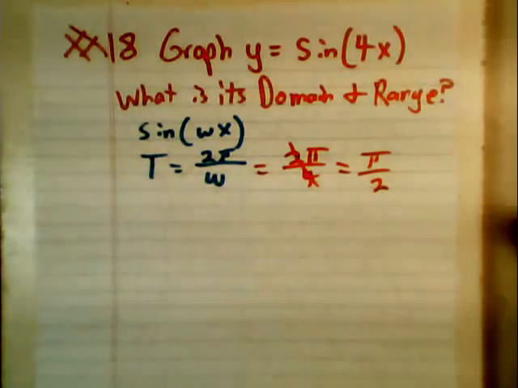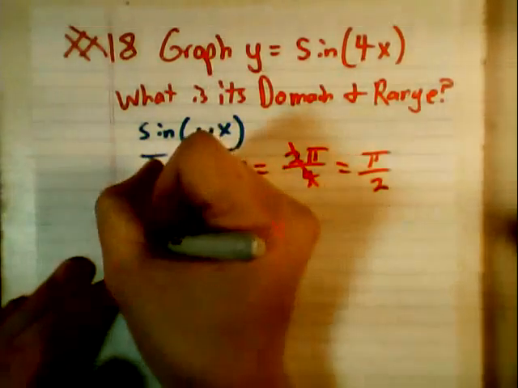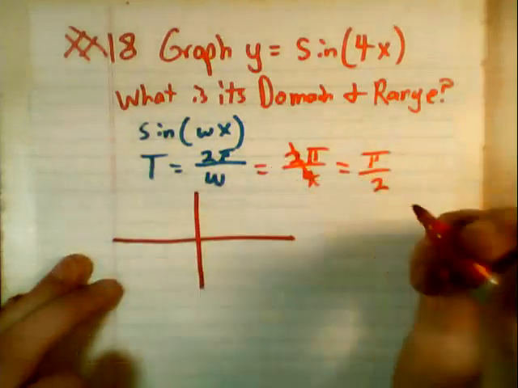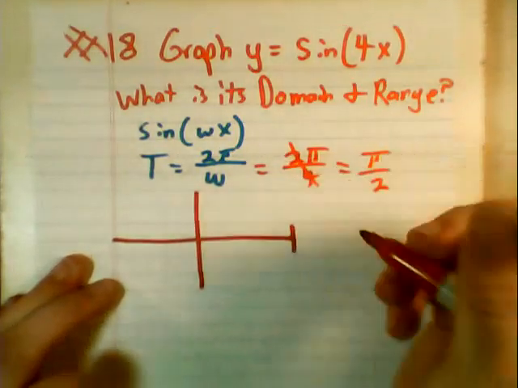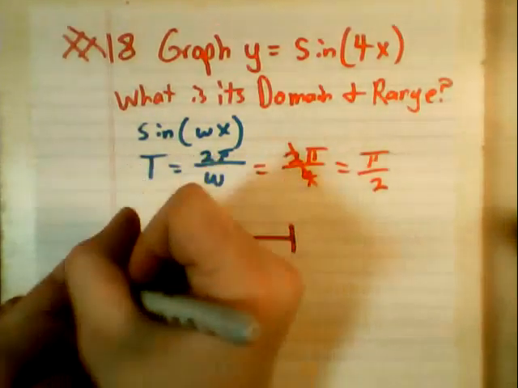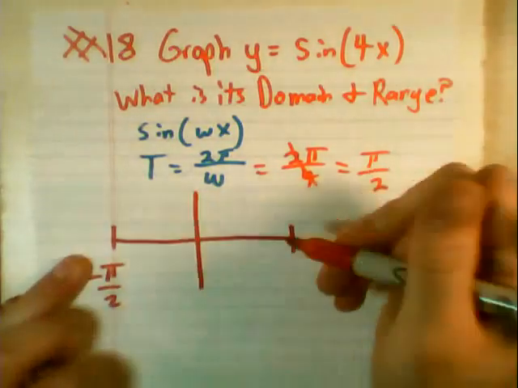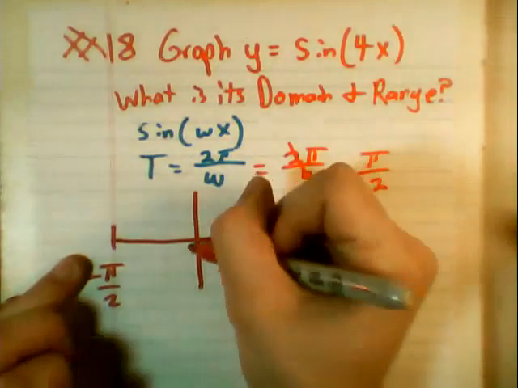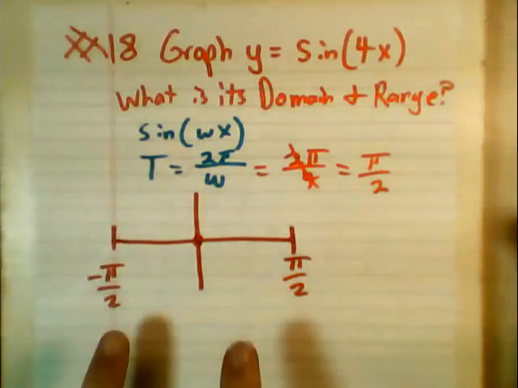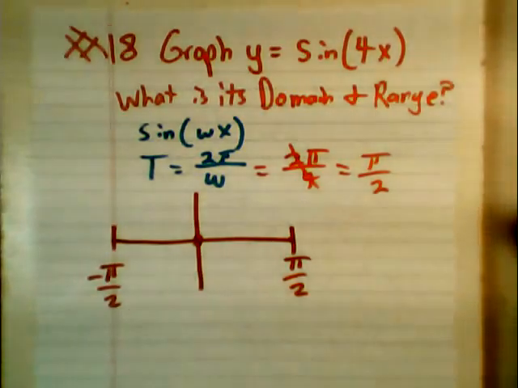Okay, so knowing that, I can draw my graph going from negative pi over 2 to pi over 2, because I know it's centered about the y-axis.